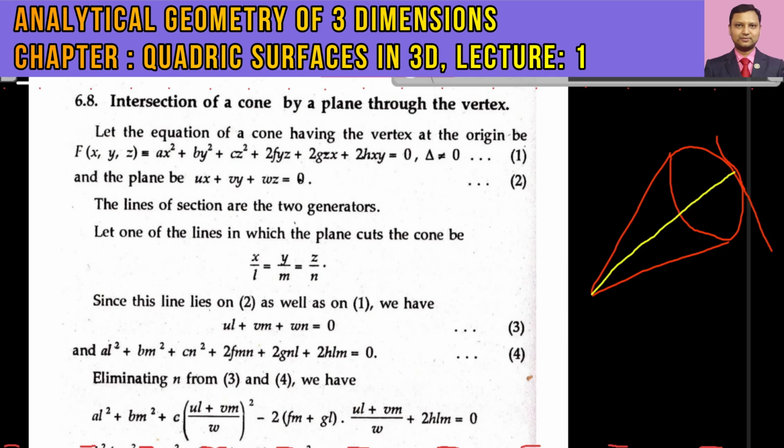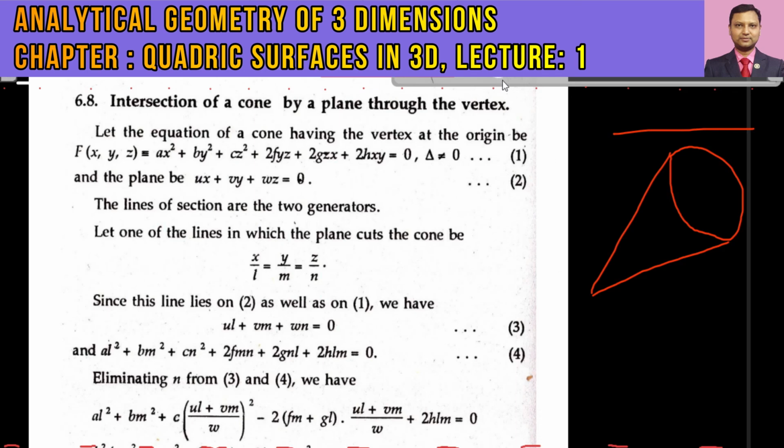That means we will have a generator, or the plane may pass through some other direction which does not intersect the cone at all. In that case, we would not get any intersection. So ultimately, if we have a plane passing through the vertex, we get either a pair of straight lines, or a single straight line, or it would not cut the cone at all.